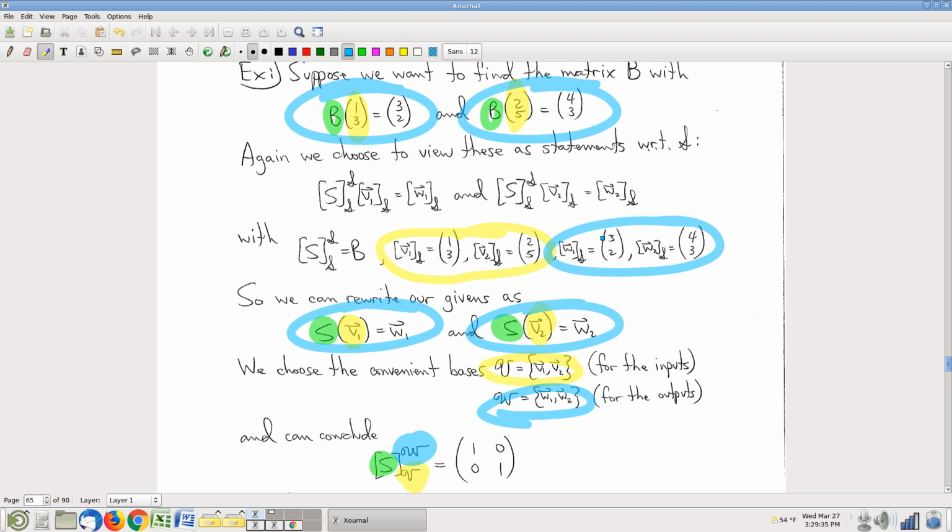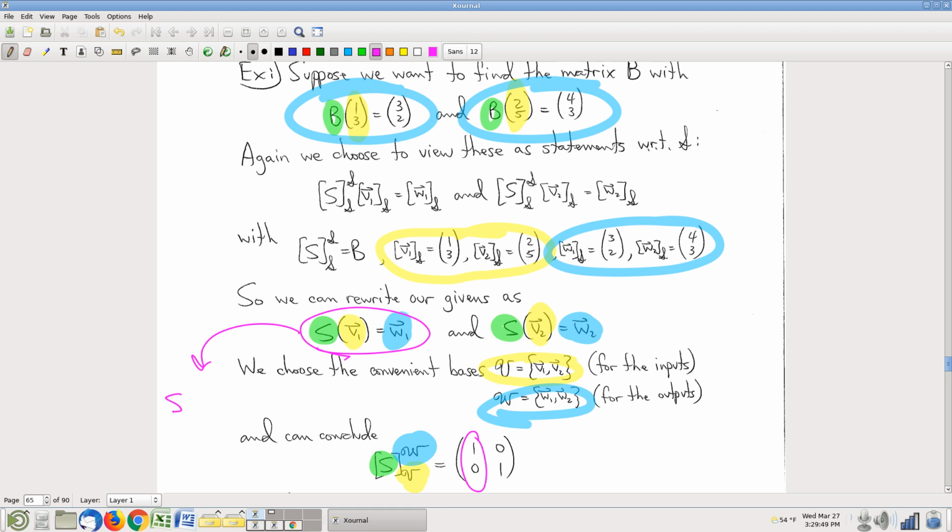I then understand these columns one at a time. So these are our output vectors, W1 and W2. Let's talk about this first column. How do I get this first column? The first column comes from that equation, or more specifically, I need to understand S of V1, coordinates with respect to script W. That's the formula for the first column.